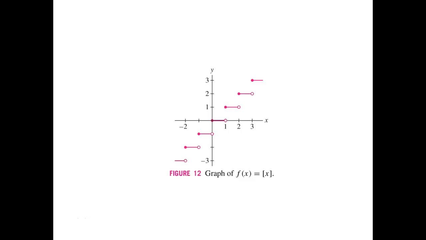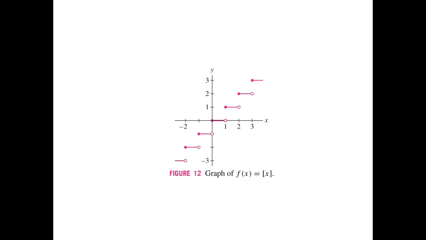That would be this one, -3. When you get to -2, the greatest integer in -2 is -2. As you keep going this way, -1.9, -1.7, all like that, still the greatest integer in that is -2. So all the way until you get to -1, then you jump up to -1. So these are open circles at this end, closed circles at that end.